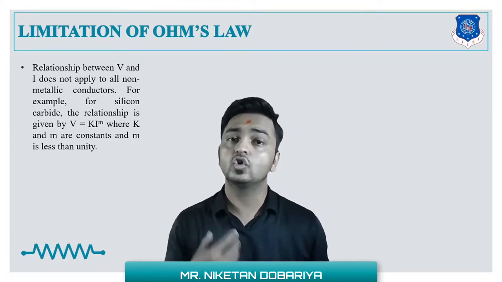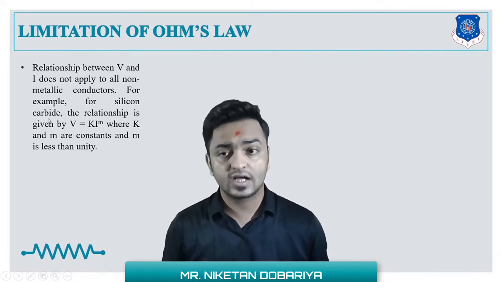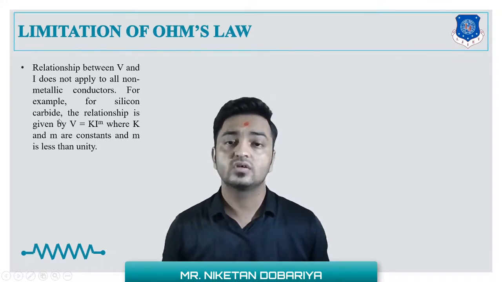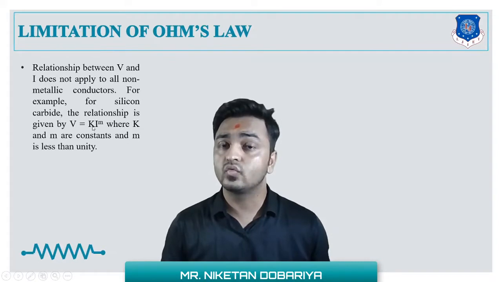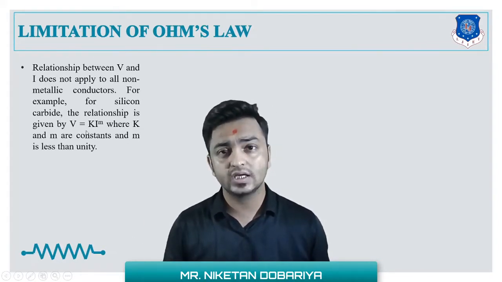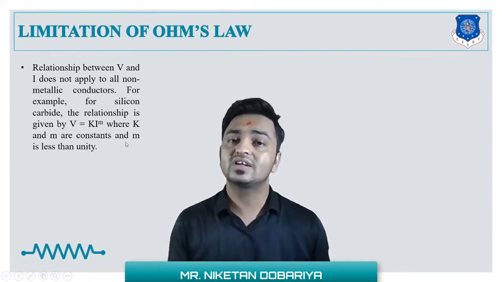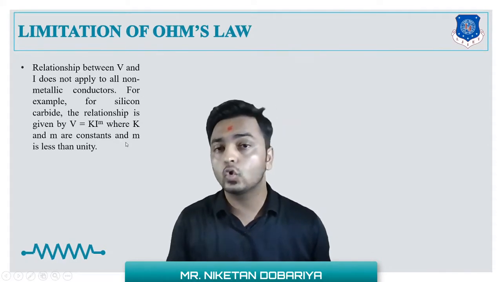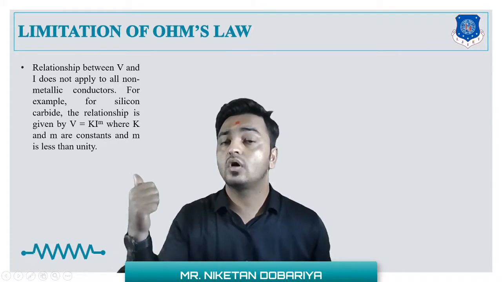For example, if we consider silicon carbide, the relation for that material is V equal to K into I raised to M. This is not a linear relation between voltage and current, so it does not obey Ohm's law. This was one of the limitations of Ohm's law.